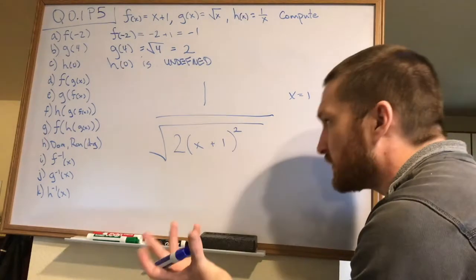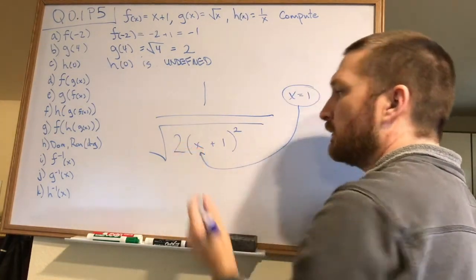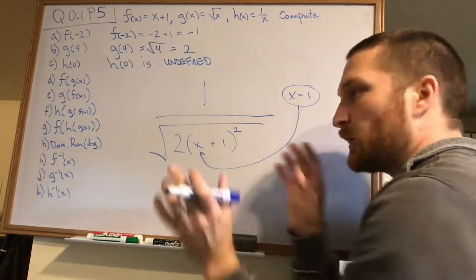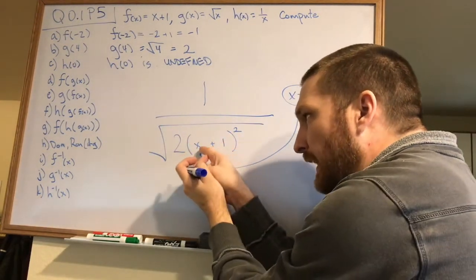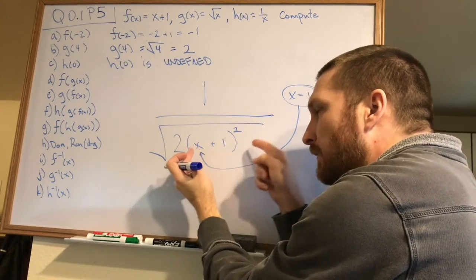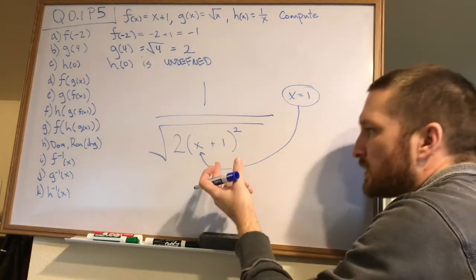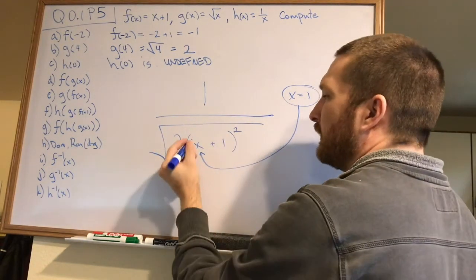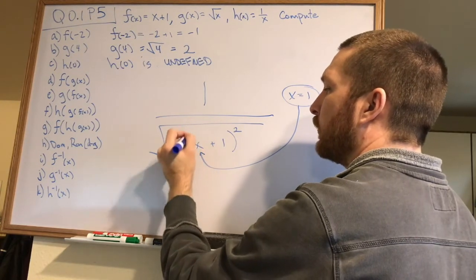You'd say, well, first thing I need to do is take 1 and put it in here, right? So in other words, what you're doing is you're looking at the innermost thing. You're finding x, and then we're going to work our way out and see what happens to x. So we would first plug in a 1, right? In fact, let's make this a little bit more complicated. Let's say that we had 3x, like that.